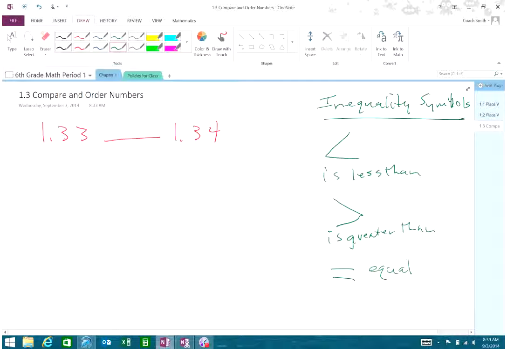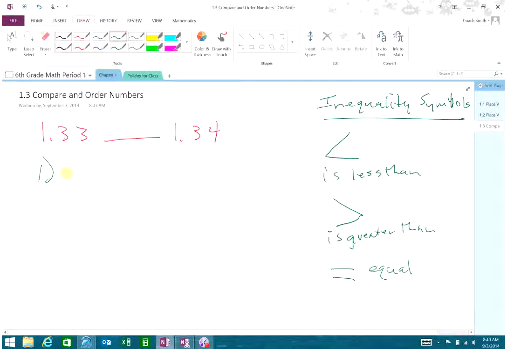Okay, what they're wanting you to do today in one instance is to take one of these inequality signs and put it in the blank to tell which number is greater, which number is smaller.